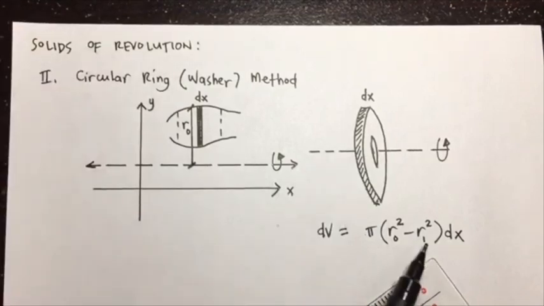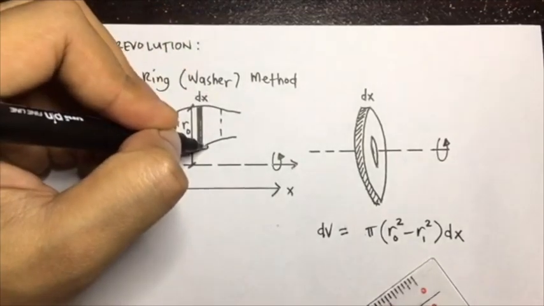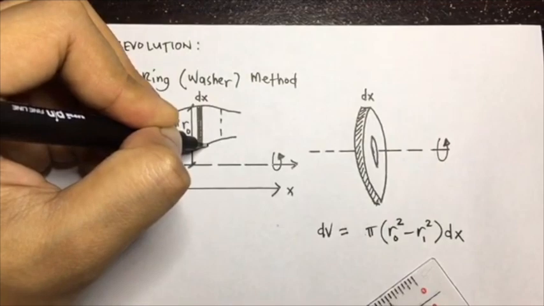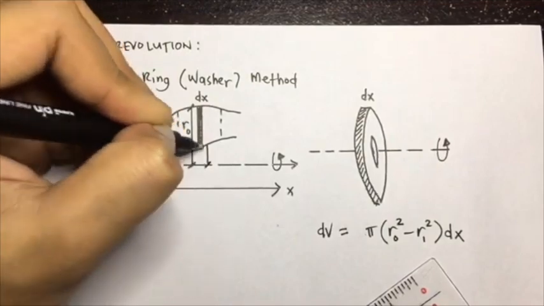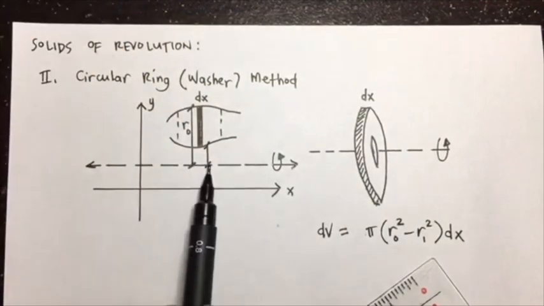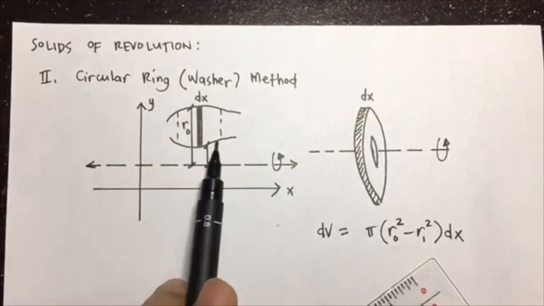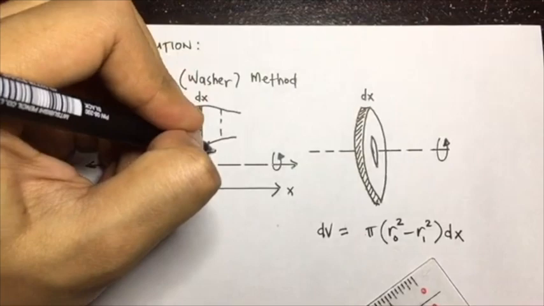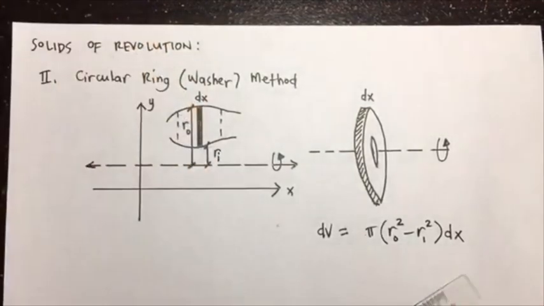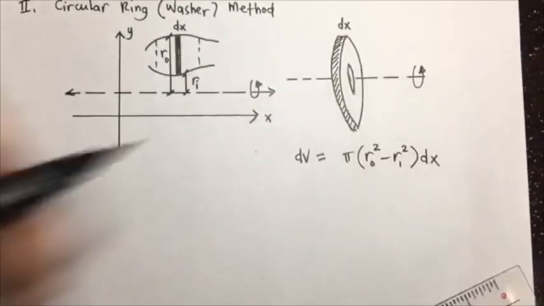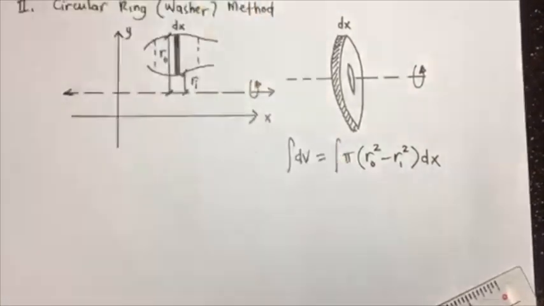And the inside radius will correspond to the distance from the axis of revolution to the lower curve, Ri.